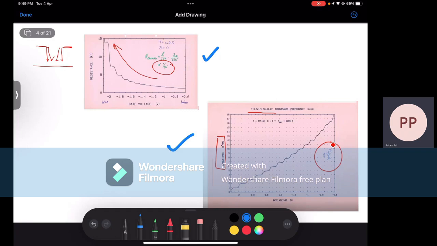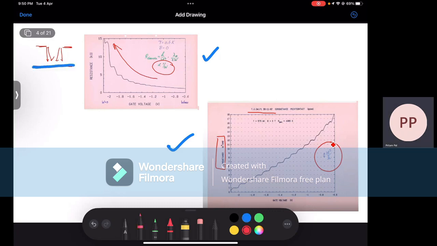So let's first understand the overall increase. That is relatively easy to understand. As you make the gate voltage more and more negative, you are closing the constriction. Because you have these gates, and this is your two-dimensional electron gas, the electric field does not only go straight down, it also spreads like this.